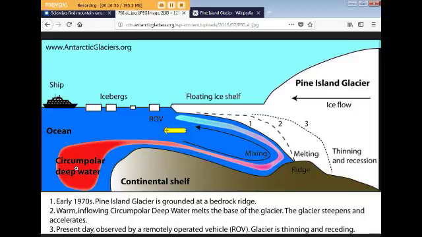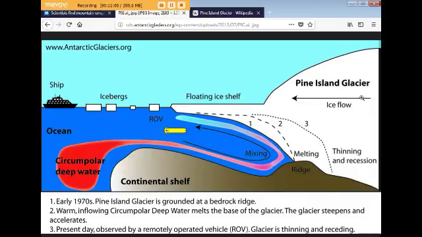And so if this water is warmer than it's supposed to be, which it is because the ocean water is heating up, it comes in and it's mixing with that melting and everything, and so it's melting this ice shelf from underneath.